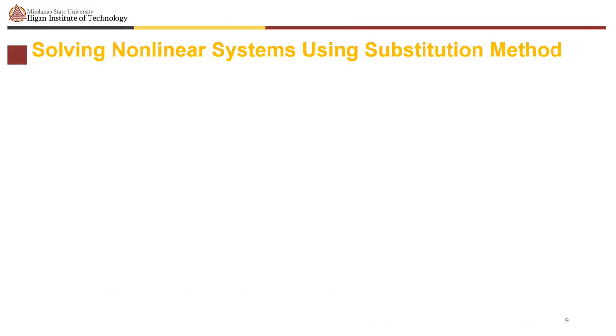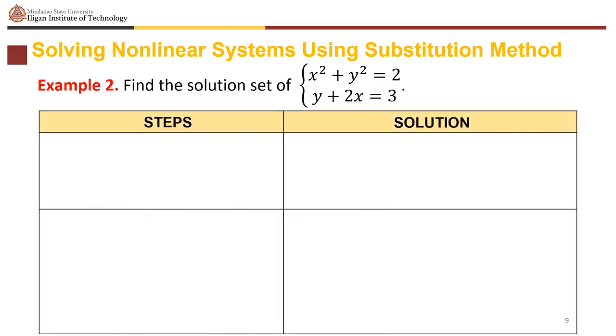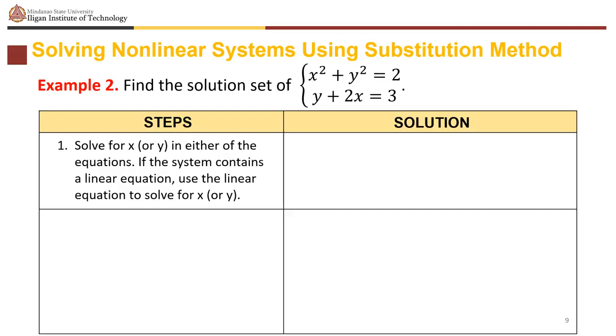So let's take another example here. Second example, we are asked to find the solution set of x squared plus y squared equals 2, y plus 2x equals 3. The first step again would be to solve for x in either or y in either of the equations.